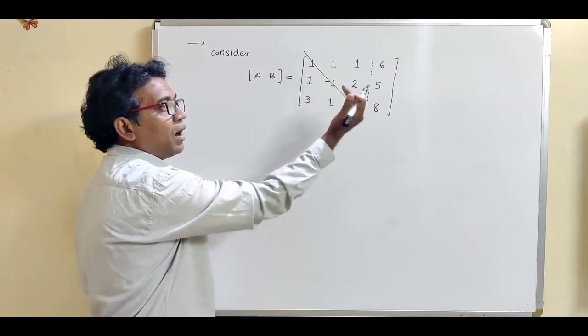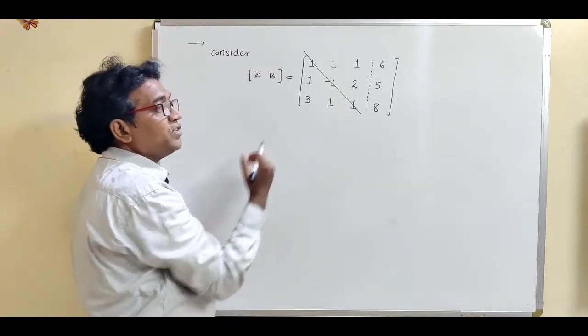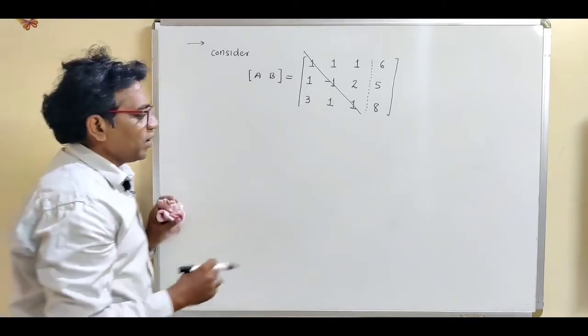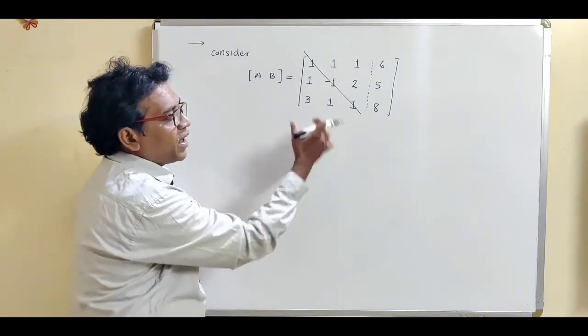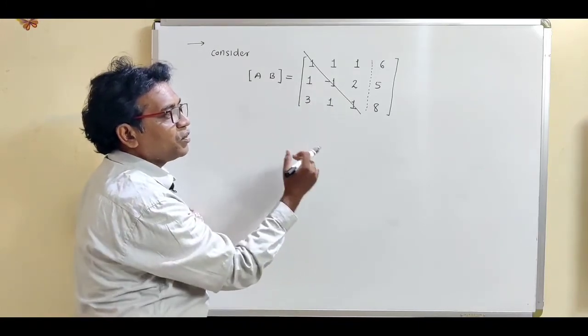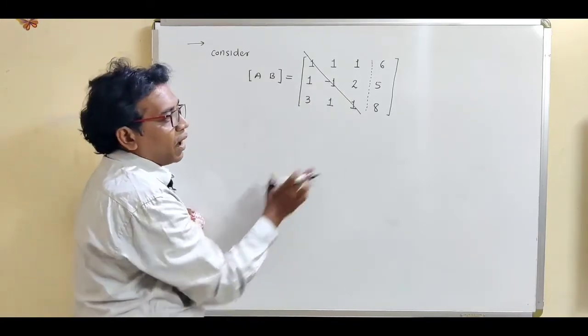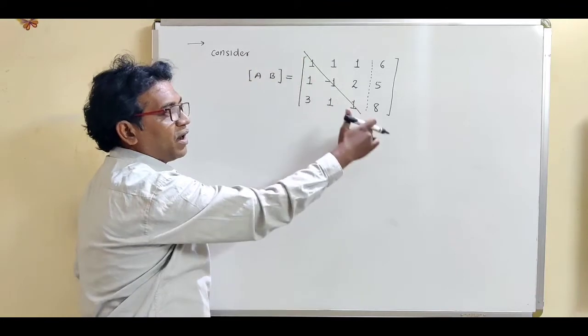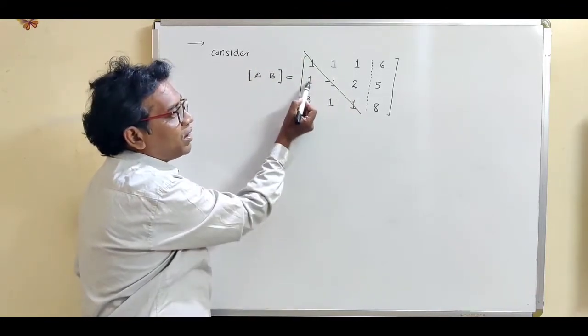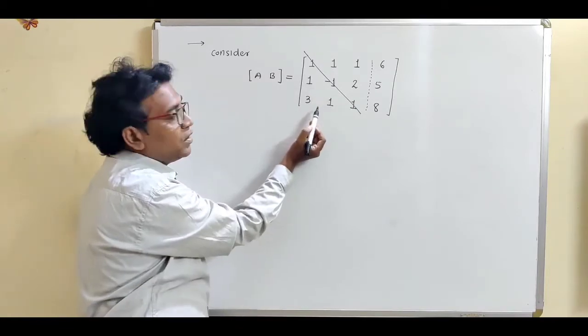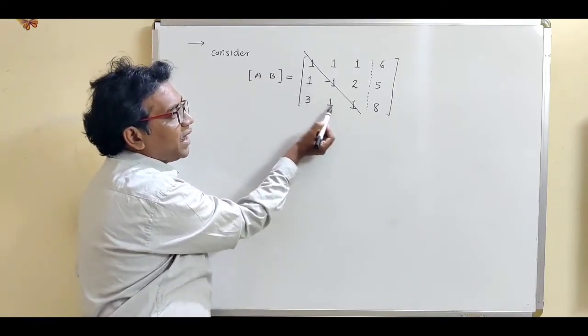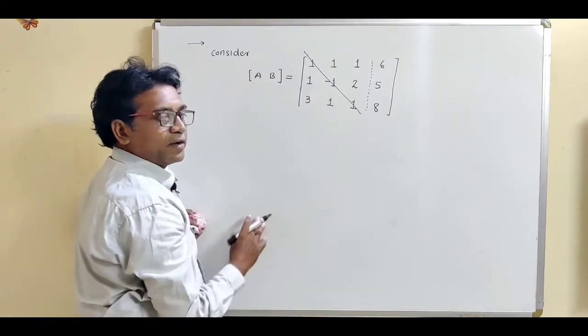This is called the upper triangular form or echelon form. So remember this method: we have to reduce the given matrix to upper triangular form, so we have to make these 3 elements 0.